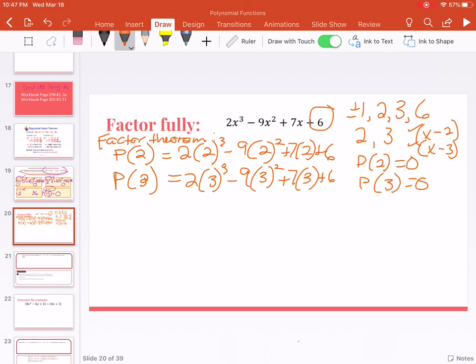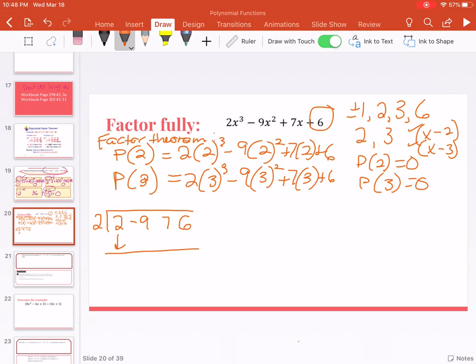Now to divide the rest of this polynomial, I'm going to use synthetic division. It doesn't matter which one I use first. I'm going to choose 2. Go ahead and write the coefficients and constants.